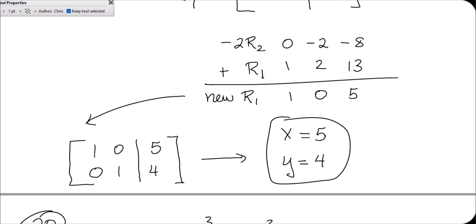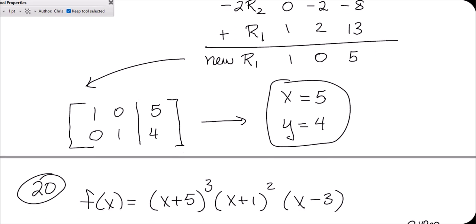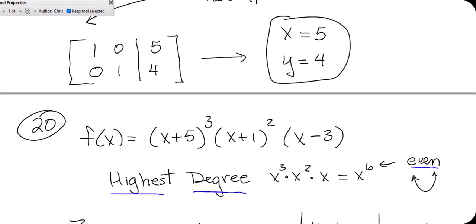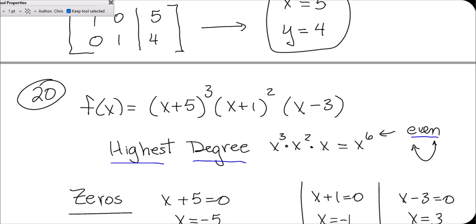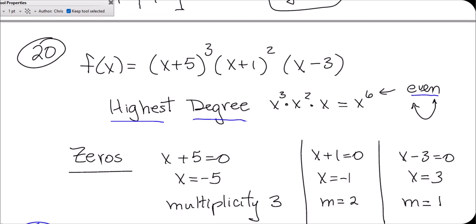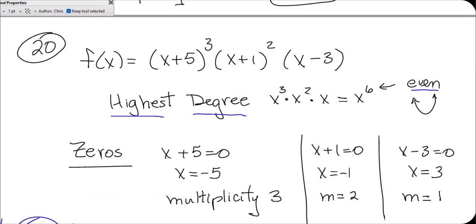And so our last problem on our sample final exam is, what does this polynomial look like? All right, well, the first thing I need to be concerned with is, what is the highest degree? Now, if I multiplied this junk out, I would get an x cubed.